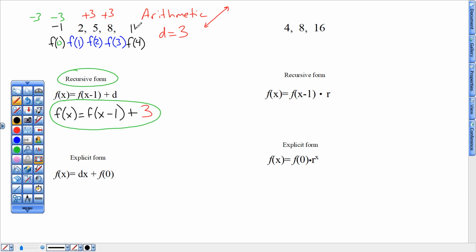Explicit is jumping ahead though. If I had you write just the equation for explicit, here's just the equation with that D number right there, 3. That X always stays there. And that f of 0 term, whether it be positive or negative, right there. There's my equation.